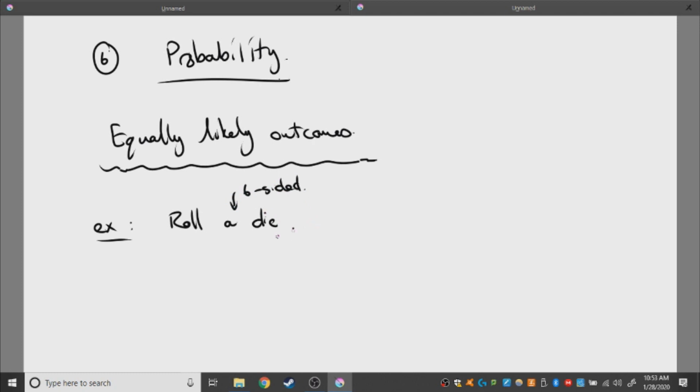That means the numbers 1, 2, 3, 4, 5, 6 are the possible outcomes and all equally likely. There's no bias. If I roll, I can get a 1 just as likely as a 3, just as likely as any other number. So dice situations are nice to think about in this setting.